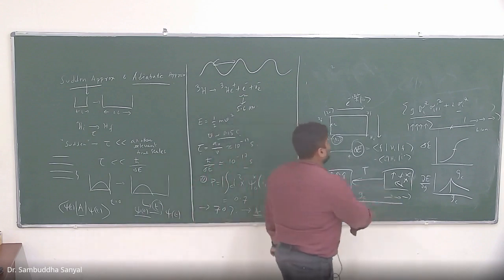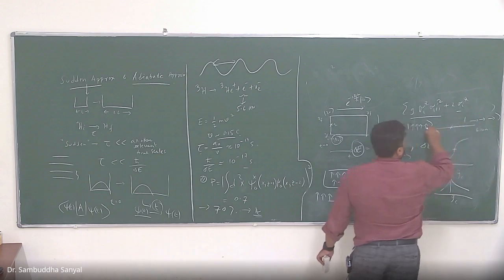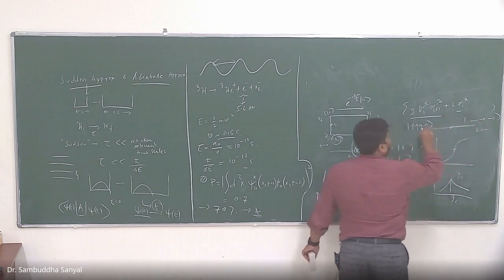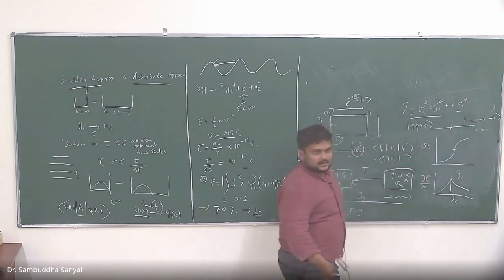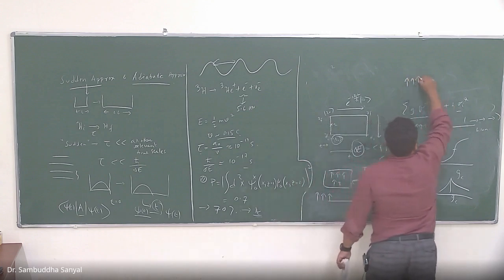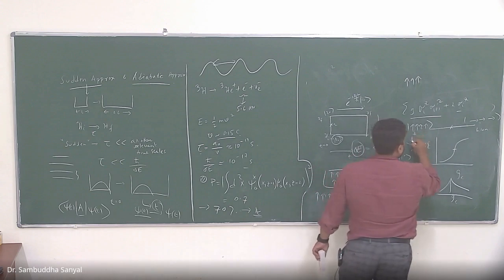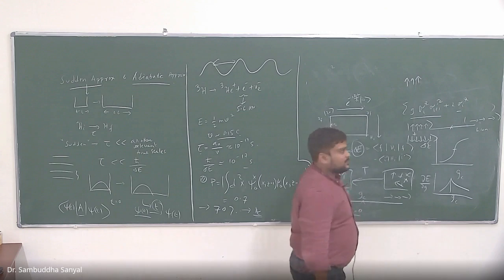So for example, when you take this system from here to here, right? Now if you quench it very quickly, you will find the system goes into a state like this. So this system is actually not this. It is a superposition of this and this, right? This is the ground state, a superposition of this and this.